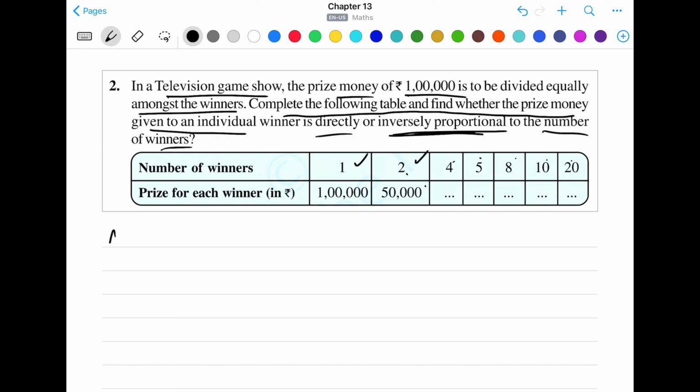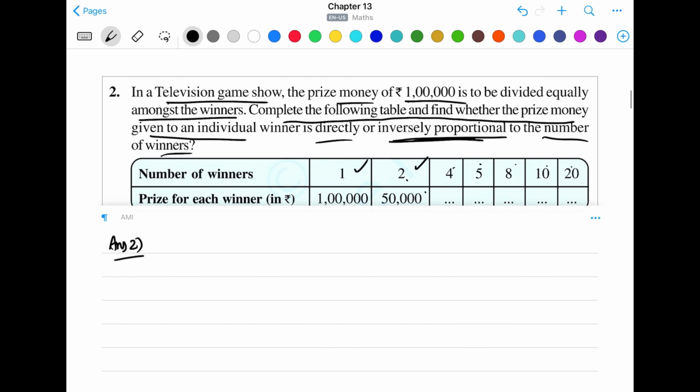So let's start answer number 2. First we'll write, as the number of winners increases, the prize money will decrease, so this is the case of inverse proportion.